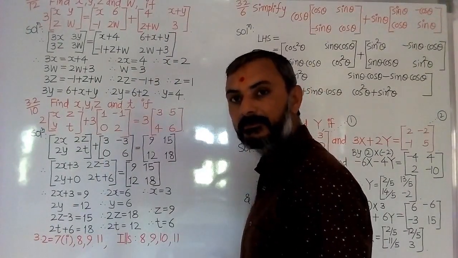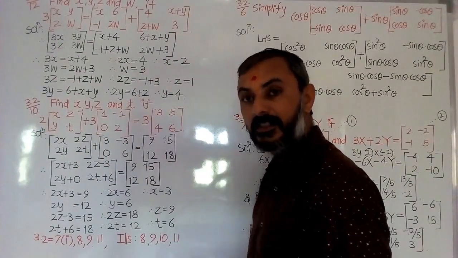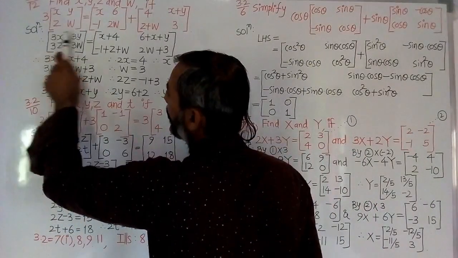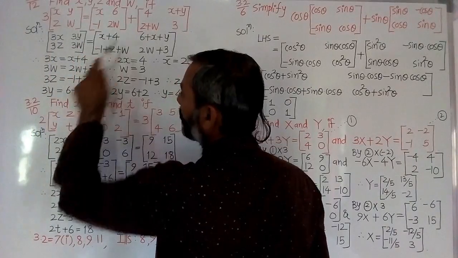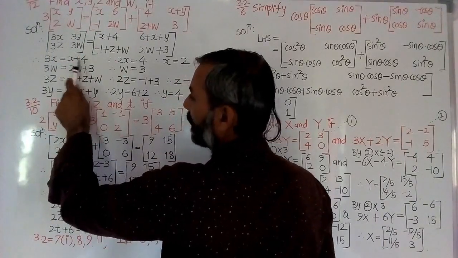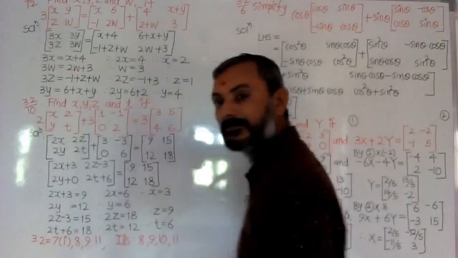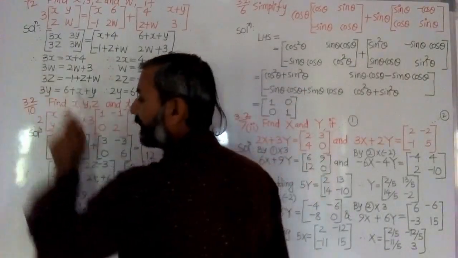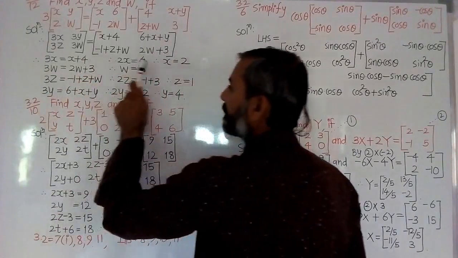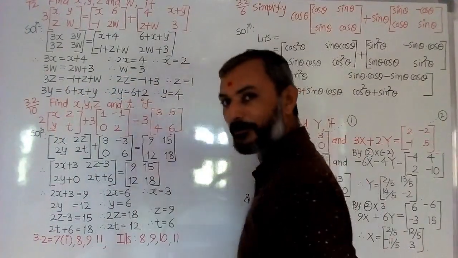Now comparison, equality of matrices: corresponding components are equal. So 3x equals x plus 4. Taking x to the left side, 3x minus x, 2x remains equal to 4. 2x equals 4, so x equals 2.